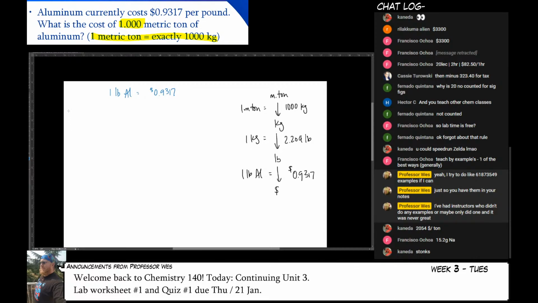We'll start with the metric ton that we're buying. And I don't want metric tons, so it's got to cancel. We're going to turn that into kilograms based on our little blueprint over here. We're going to turn kilograms into pounds. And then pounds into cost.